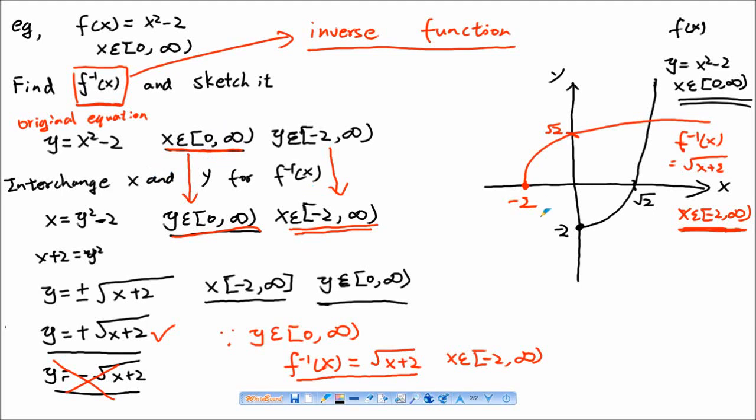As a result of interchanging x and y, the domain of the original function becomes the range of the inverse function. The range of the original function becomes the domain of the inverse function.